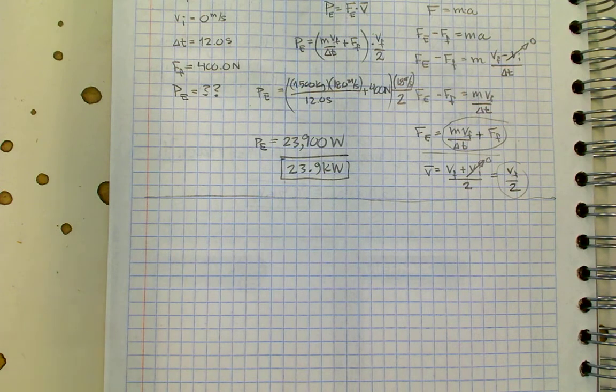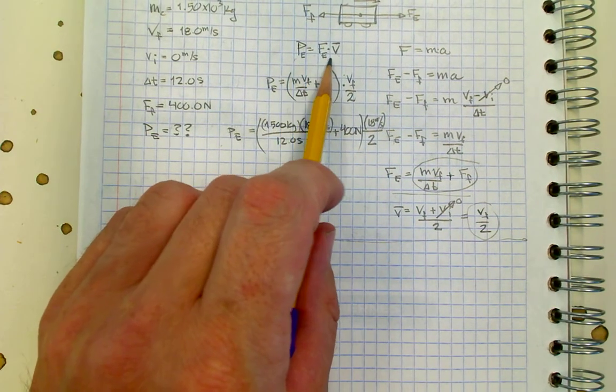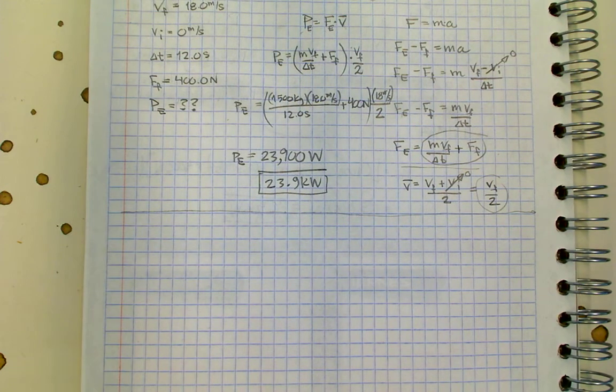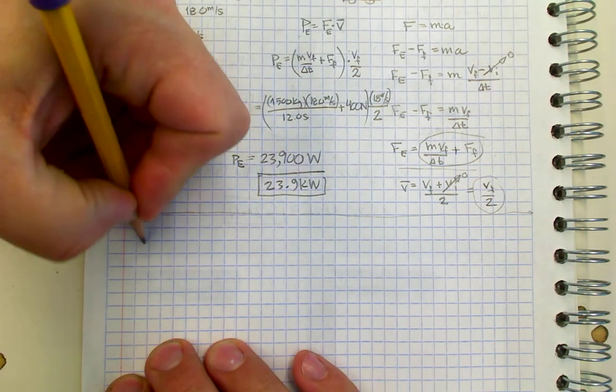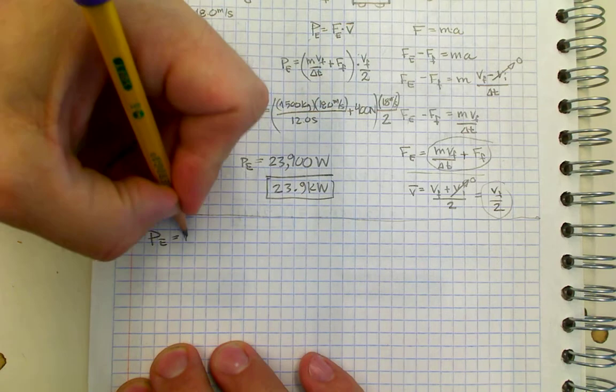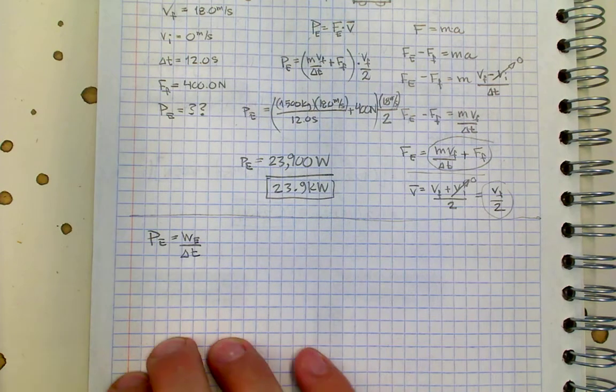So instead of using this formula, the power equals the force times the velocity, maybe some of you thought that we would use the other version of this equation. The power of the engine is equal to the work done by the engine divided by the change in time.